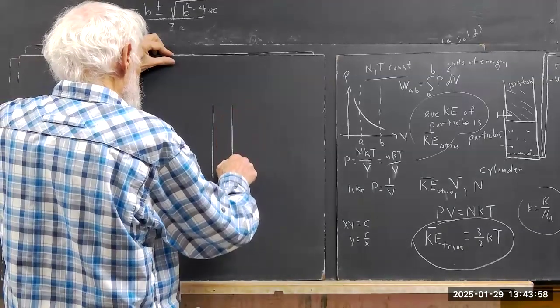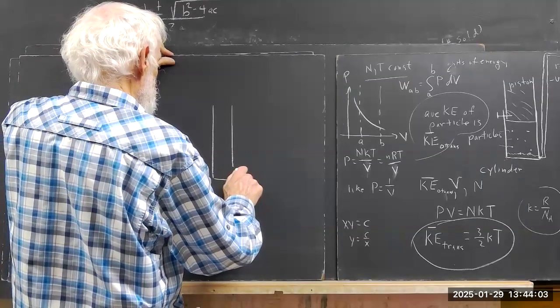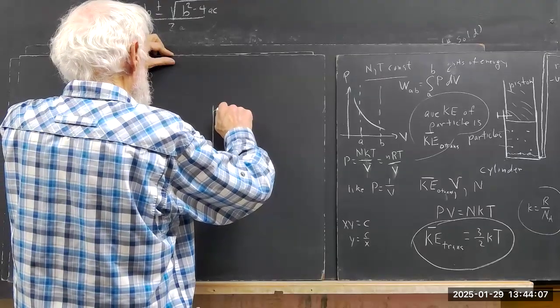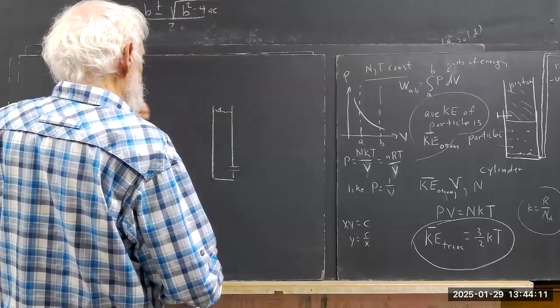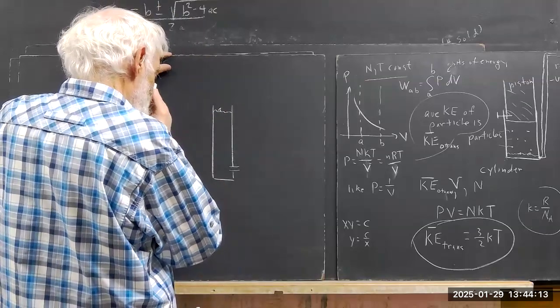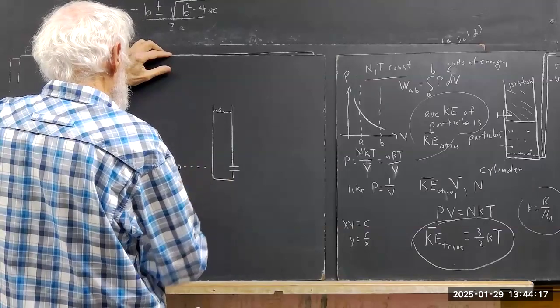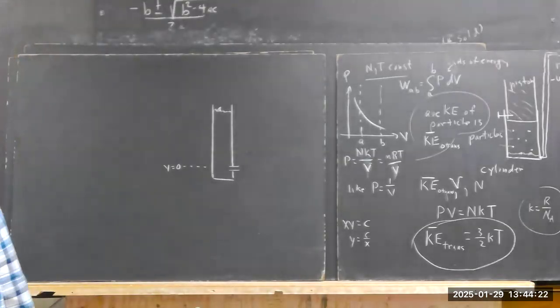Now in lab, it's going to be a 2 liter bottle. But here, kind of assume it's a cylinder full of water. And here, y equals 0. Okay.